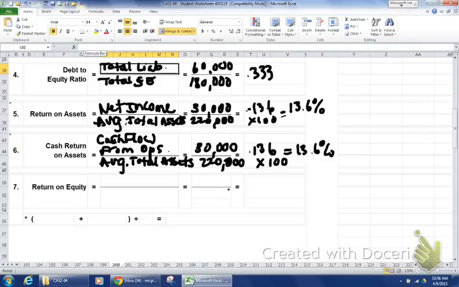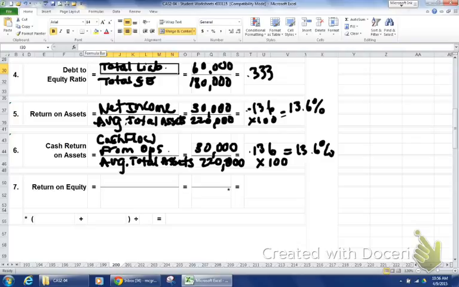So this is basically a good cash return on assets. It's on par with its actual return on assets. It's not better, it's not worse. It's just another measure of the company's productivity.